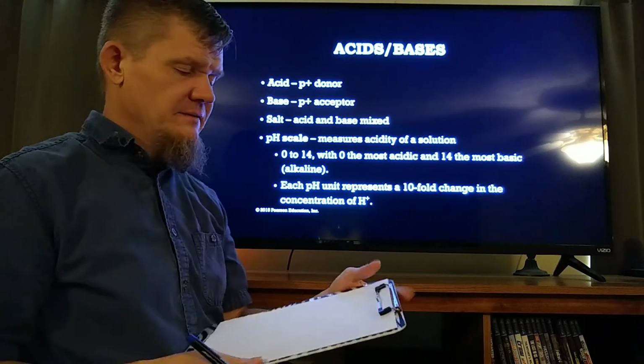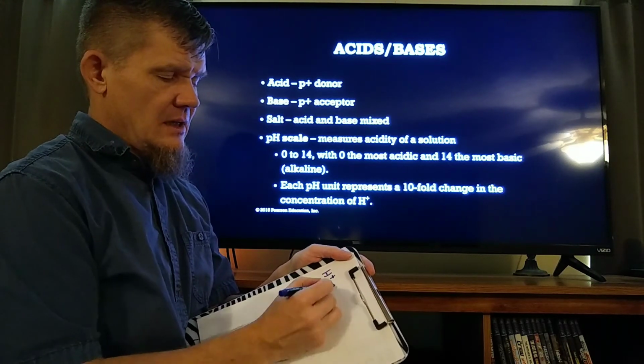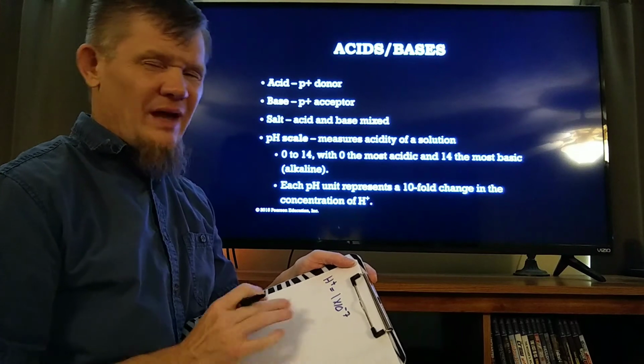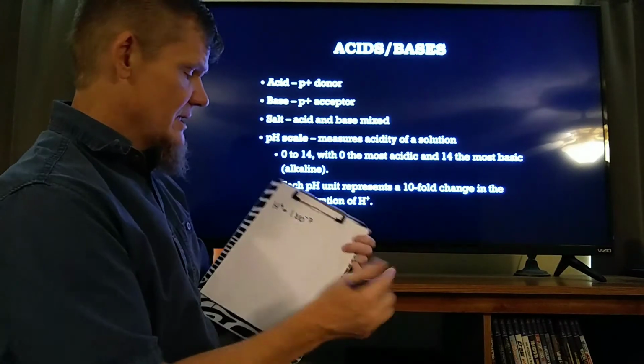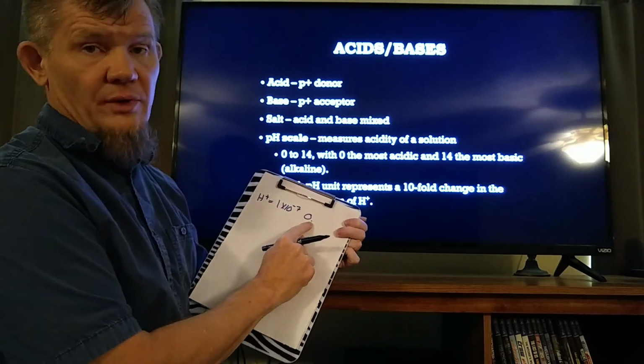If I have a hydrogen ion concentration of 1 × 10 to the -7, what that means is, all right, first this is scientific notation. So how do we figure this out? Because it's negative, it means I start with a decimal point.